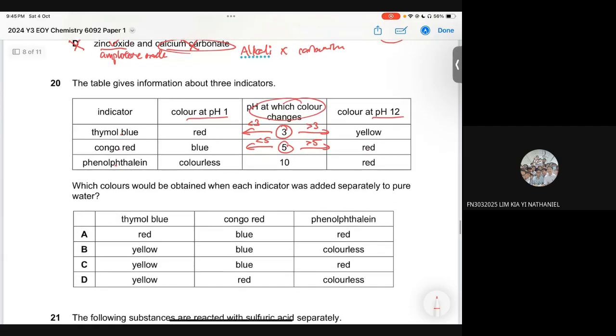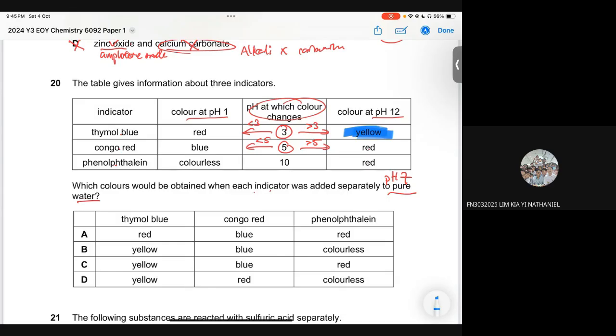Which colors would be obtained when each indicator was added separately to pure water? Pure water is pH 7. So let's ask ourselves where water is. For thymol blue, the color changes at pH 3, so it will be yellow in pure water at pH 7.